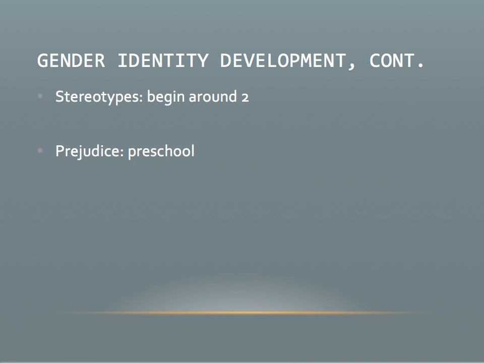Now, let's talk about actual stereotypes and prejudice, not just differences in how long they gaze at one another or habituation, but when do these things really come to be cognitive? The stereotypes come in around age 2, and many have them by around age 3. So they begin at 2, in place more by 3.